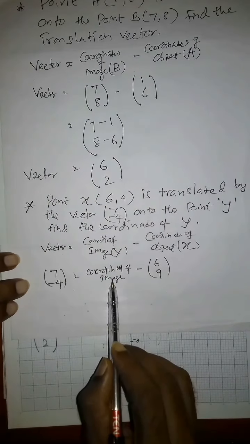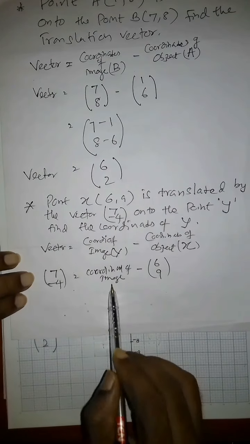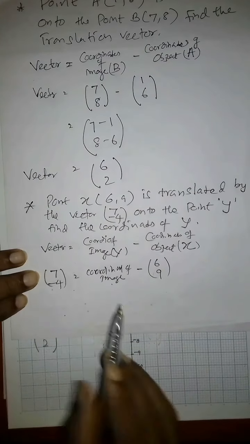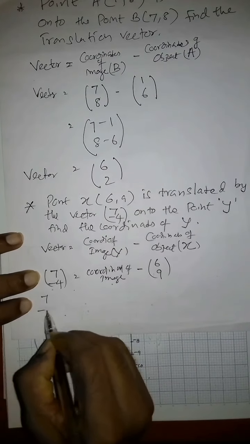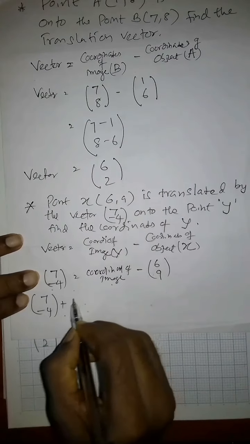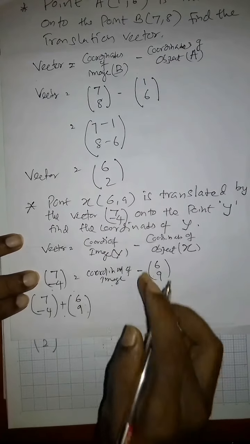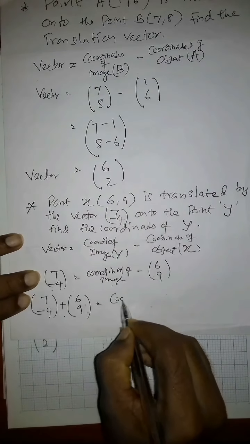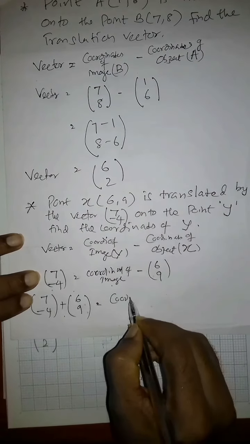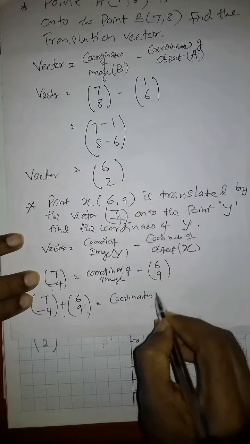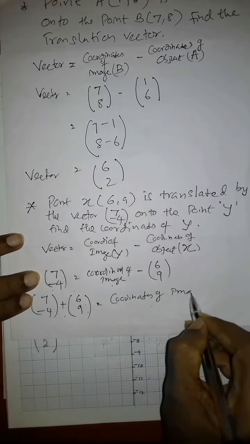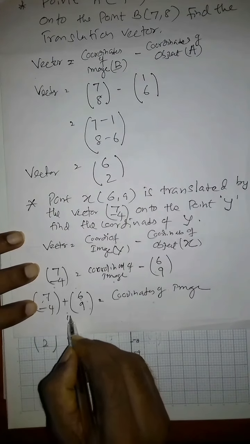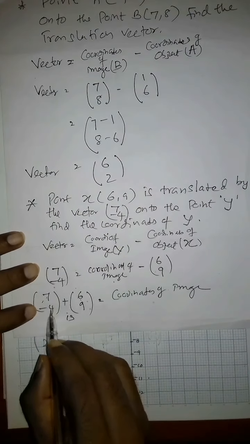Now to find the coordinates of the image, you have to make the coordinates of the image the subject in this equation. Take this to this side; this one is negative, it will become positive when it goes to this side. Then it will be (7, -4) plus (6, 9). That whole vector, negative, turns to positive instead, like solving equations. Coordinates of image: add 7 and 6, 13, then minus 4 plus 9, 5.